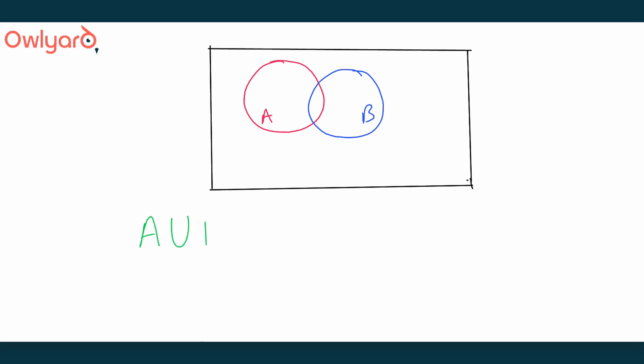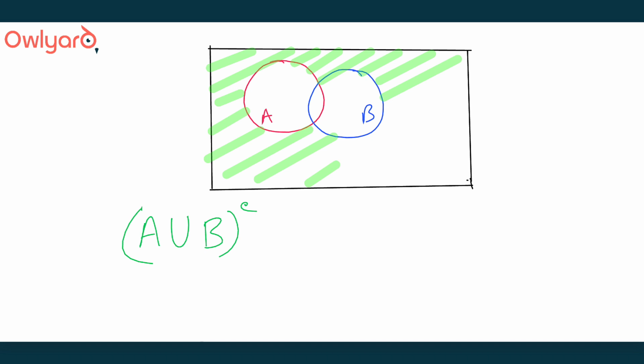So if I do that, then as you can see, this entire segment that avoids A and B is actually the complement of A union B, right? So this entire segment that I am shading using green.